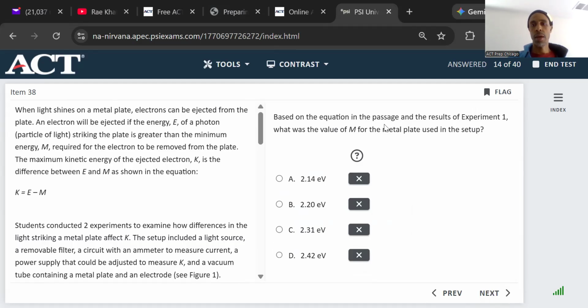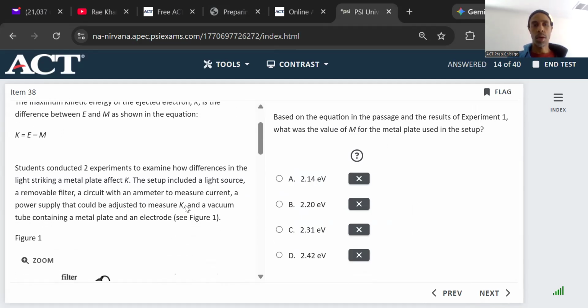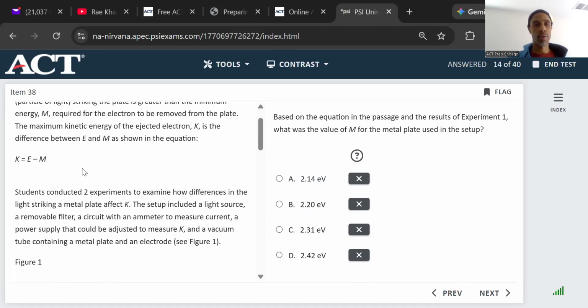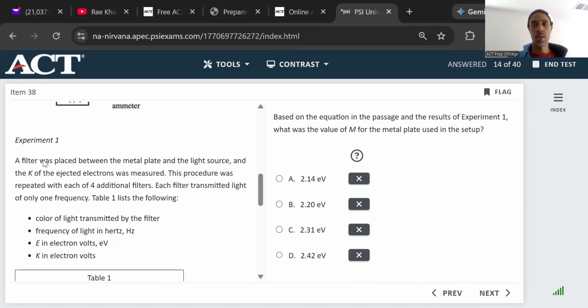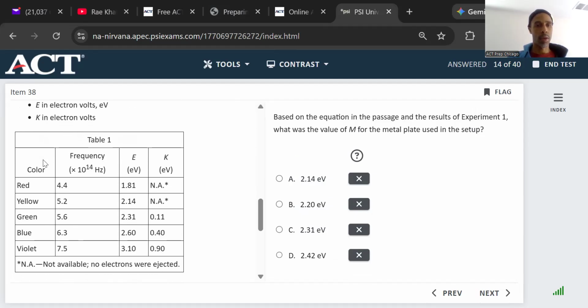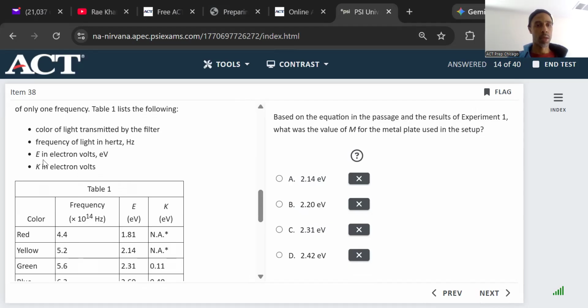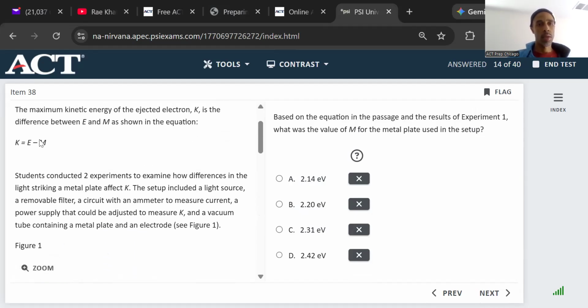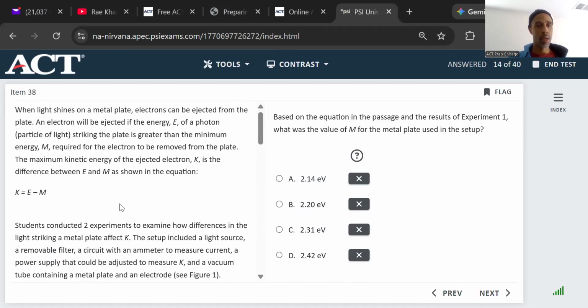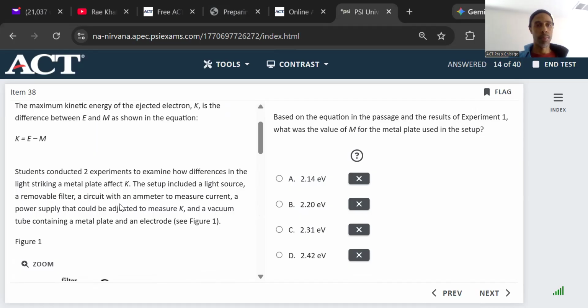Question 38: based on the equation in the passage and the results of experiment one, what was the value of M for the metal plate used in the setup? The equation is K equals E minus M. So we need to know K and E. K is the difference between E and M as shown.